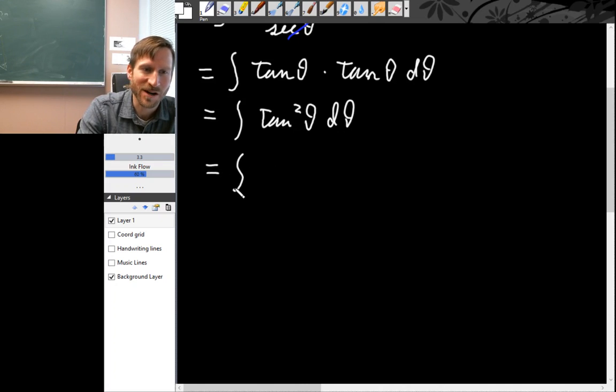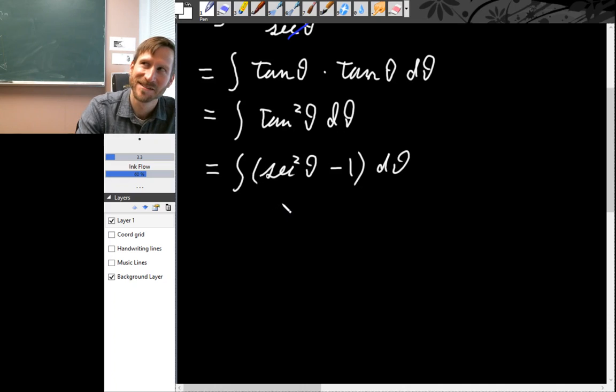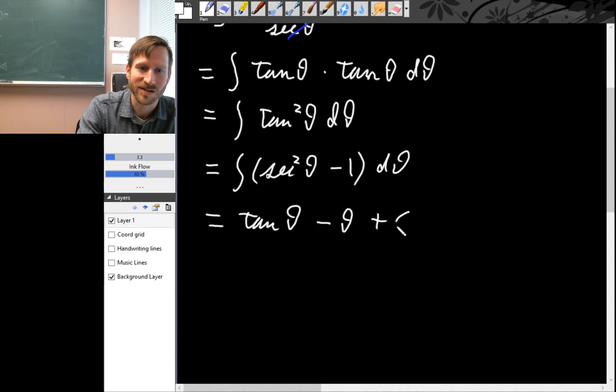And tangent squared, according to that Pythagorean identity, is secant squared theta minus 1 d theta. Is that right? Yes, that's right. Okay, and now we can integrate. So the integral of secant squared theta is tangent theta minus, and the integral of 1 with respect to theta is theta, plus a constant.